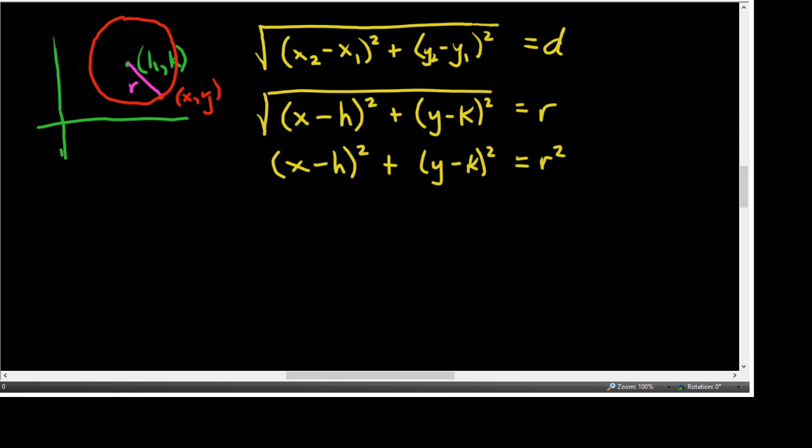Now, if we are asked, for example, to find the equation of a circle with given information, this one in your notes is radius is 6, center is negative 3, 4.